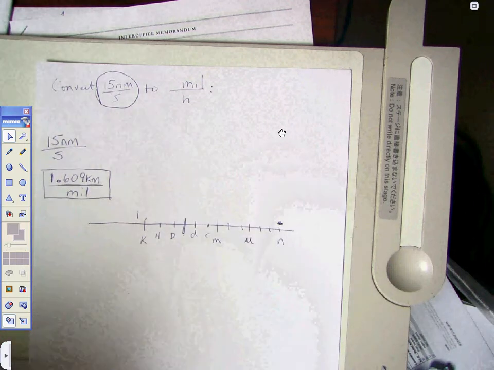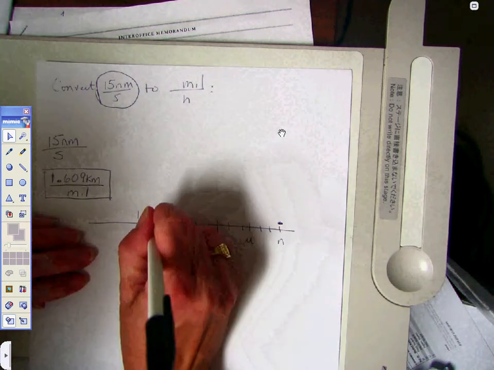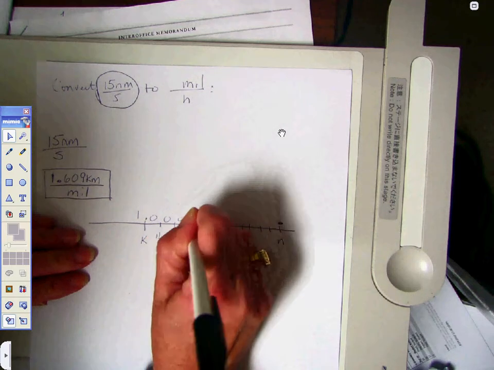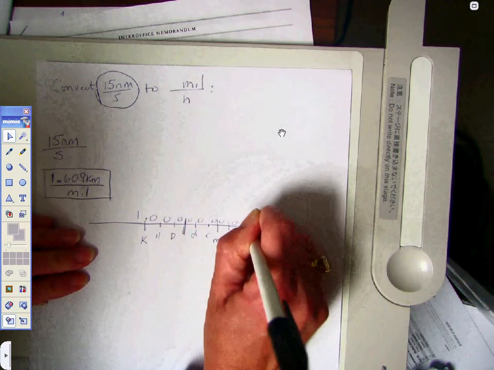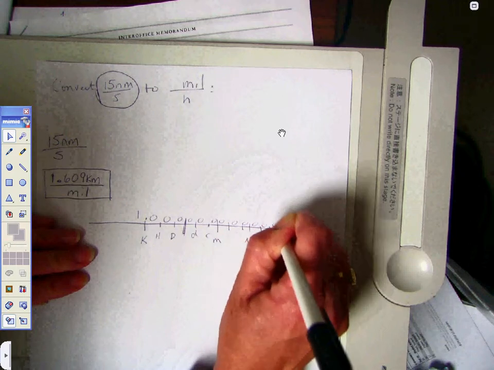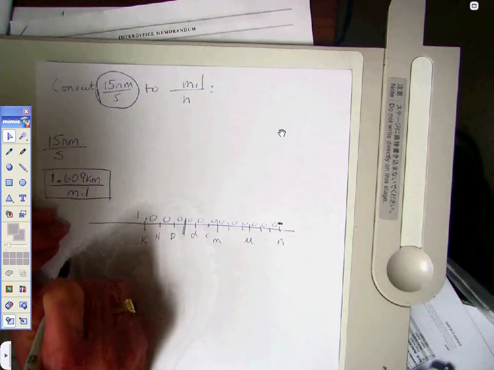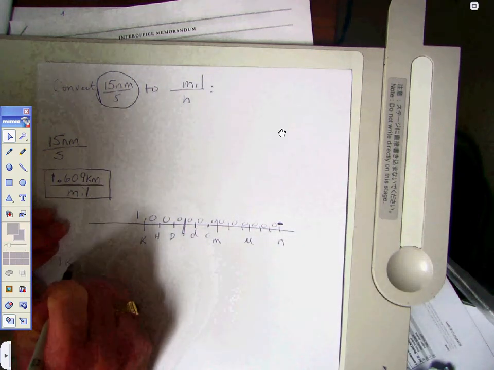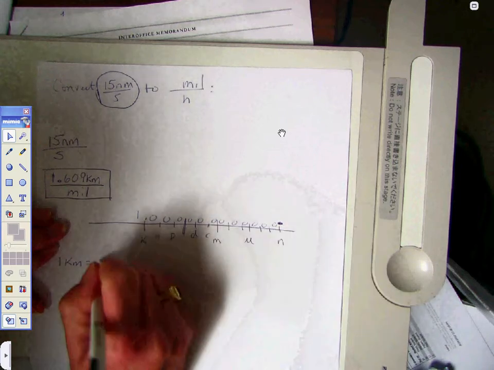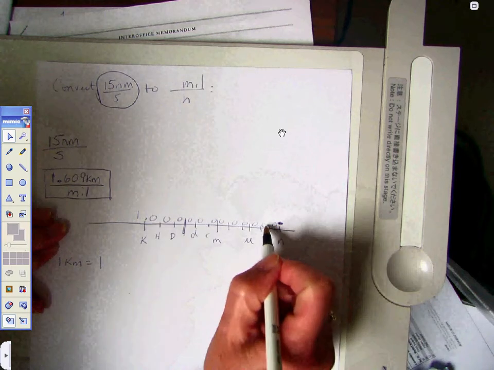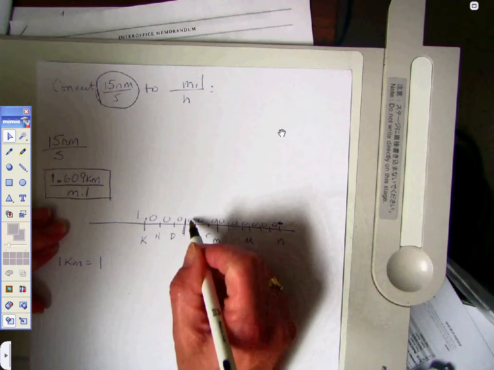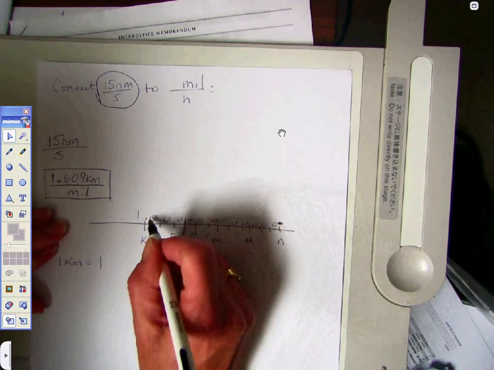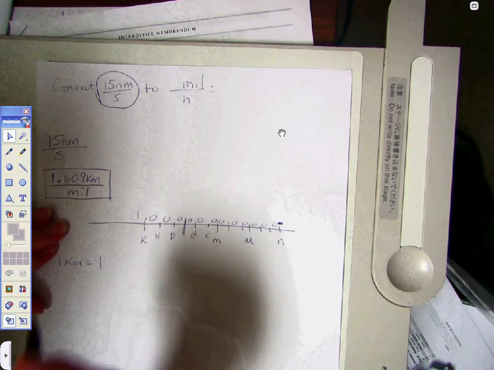And I'm going to fill in all of these spaces with zeros. Okay, so I know that 1 kilometer equals 1 with 1, 2, 3, 4, 5, 6, 7, 8, 9, 10, 11, 12 zeros following it.